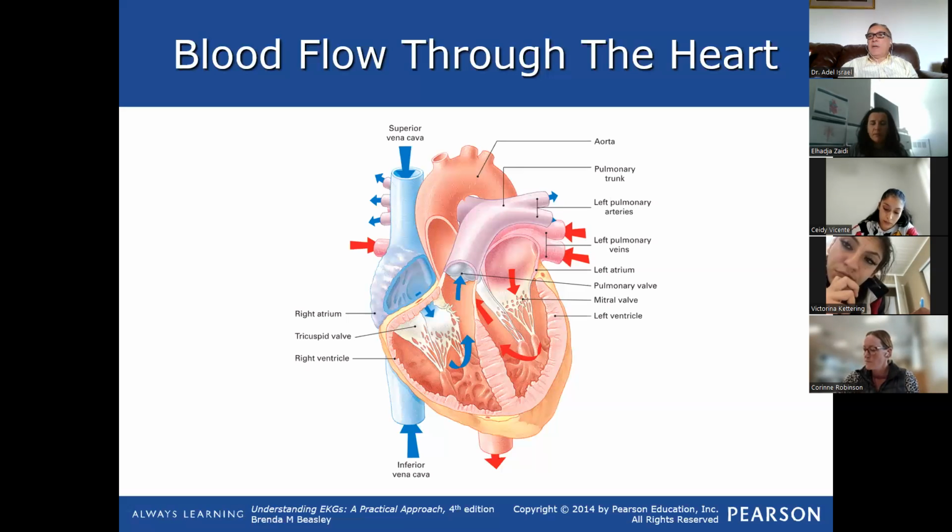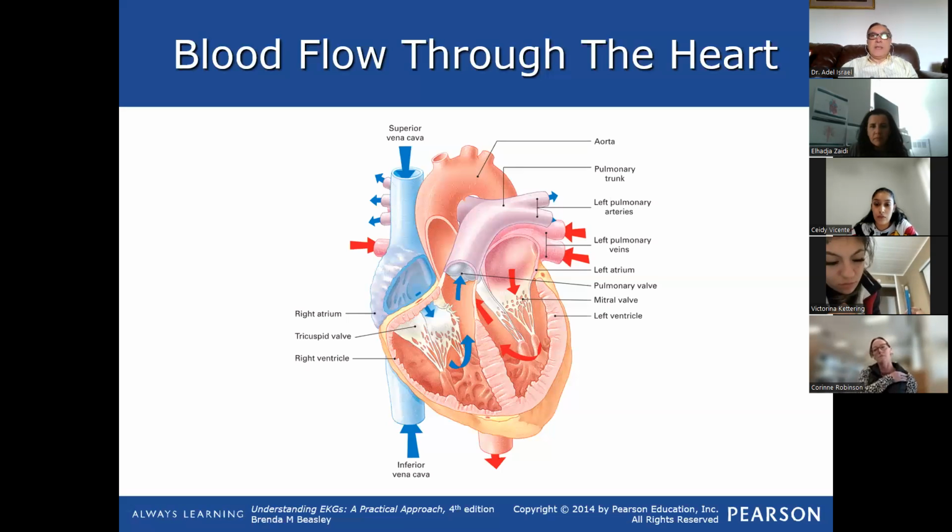Okay, what about the left side? The left side of the heart contains oxygenated blood. It means blood rich in oxygen. Why is it rich in oxygen? Because it comes from the lung after being loaded with oxygen and getting rid of carbon dioxide.